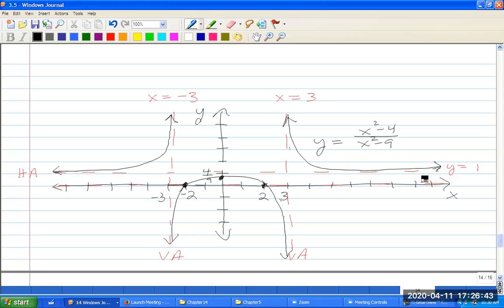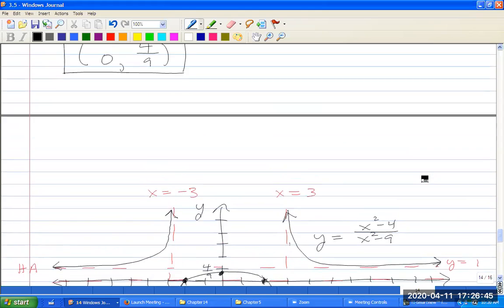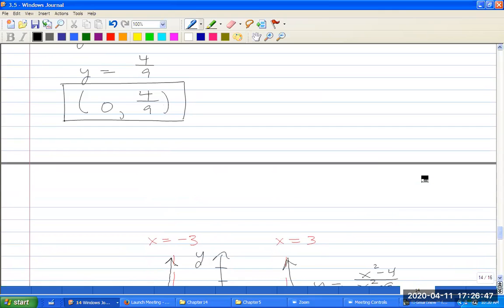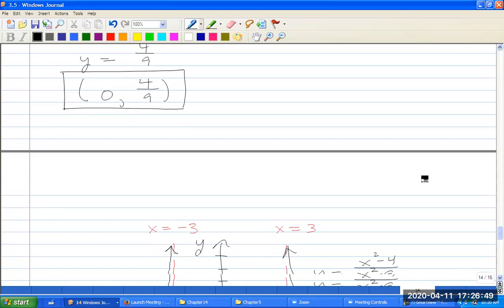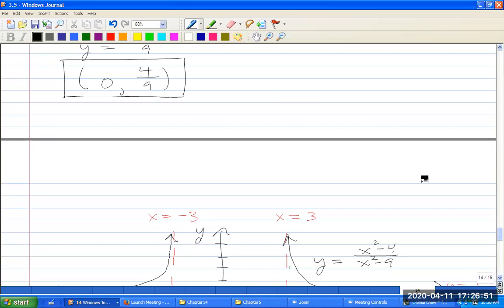Oh, and I should also say, for symmetry, it's an even function, so it's symmetric about the y-axis.